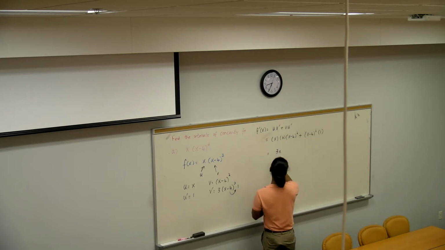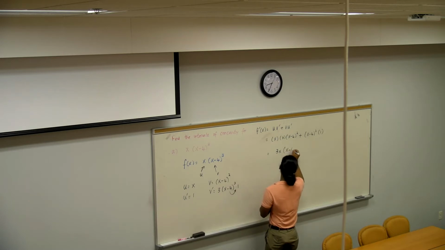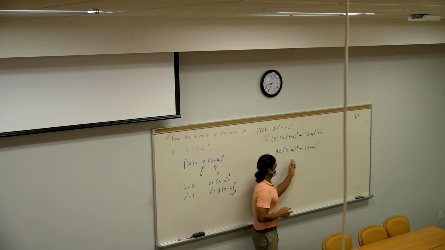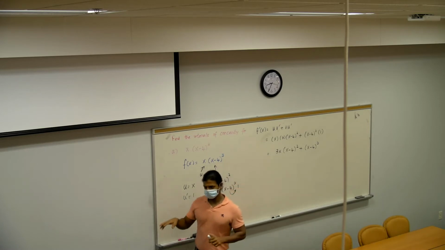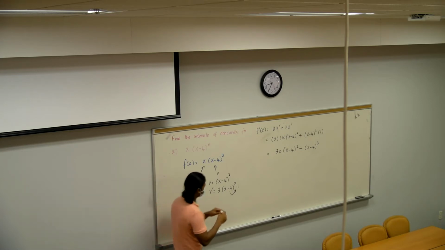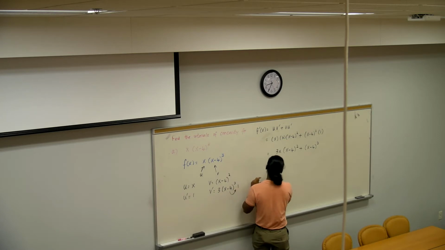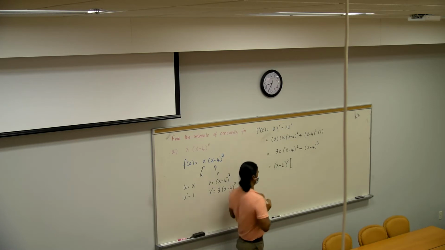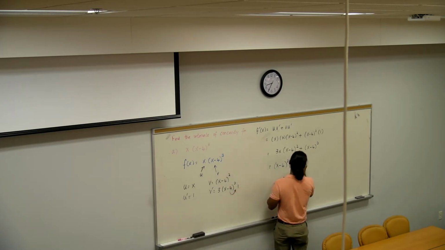So we have 3x multiplied by x minus 4 squared plus x minus 4 cubed. What do we have in common between the two terms? X minus 4 squared. If I pull that term out, I would have 3x.